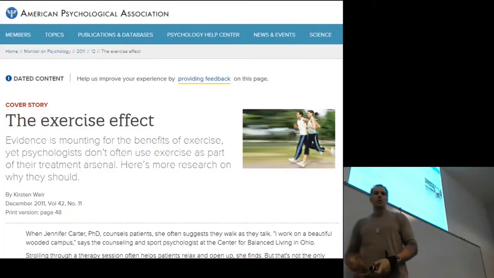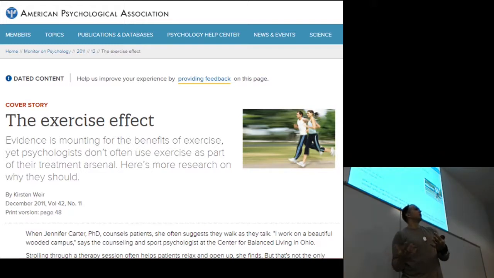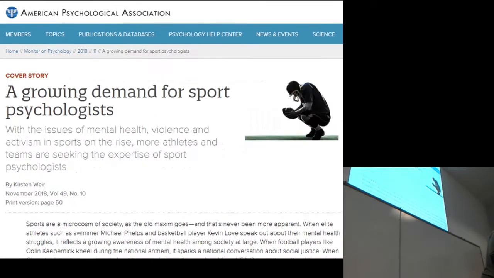All right, so one of the actual growing segments of psychologists that is going to have a lot of demand in the coming decades is sports psychologists. So if you were wondering what area of psychology to go into that might be the most likely to be a good job market for you, sports psychologists have been identified as one of the areas where there's a growing demand.